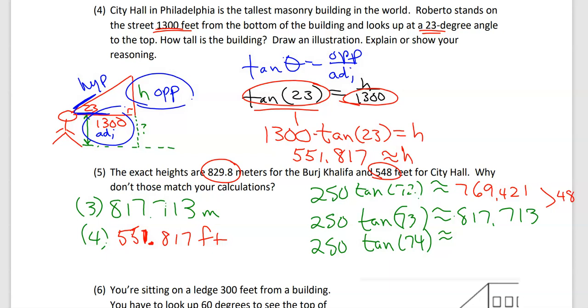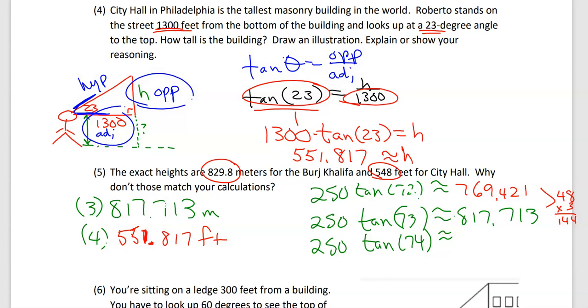And 48 meters may not seem like a lot, but a meter is a little bit more than 3 feet. So if I multiply this by 3 to turn it into feet, we're looking at approximately 144 feet. And that itself is like a 14-story building, just from a 1 degree difference.